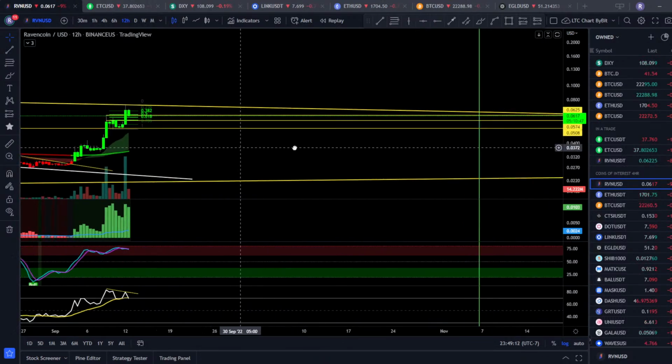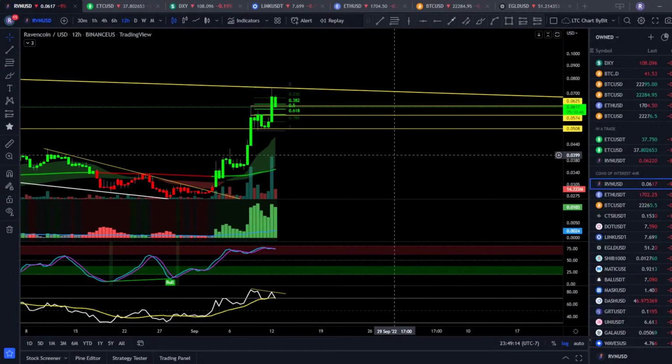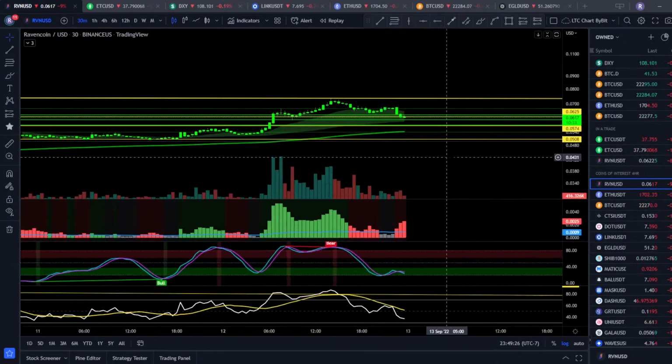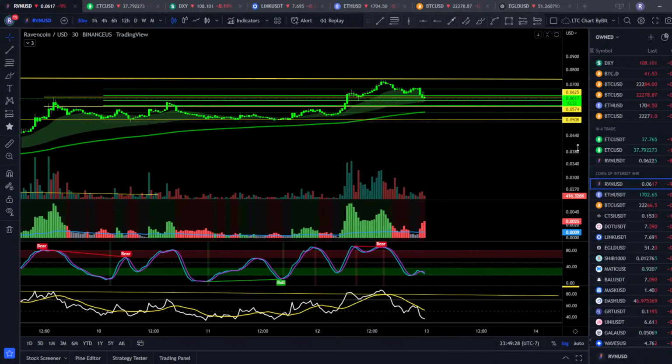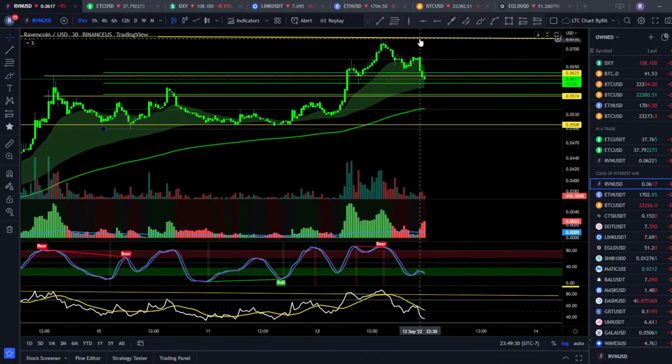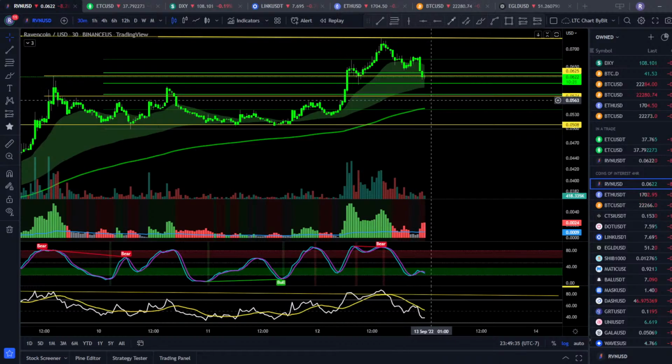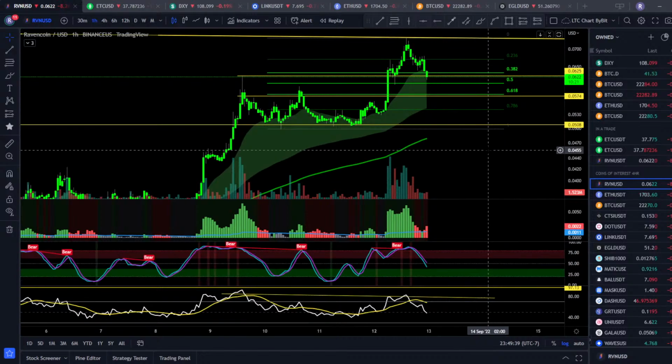So when I woke up this morning and I saw we had a 40% run this morning, I started to take profits up here on my Ravencoin long position as well, because I noticed that it was starting to slow down, and we were at this massive resistance anyway, so I wanted to get out of there. Actually, now that we're on Ravencoin, I want to go down to a lower time frame.